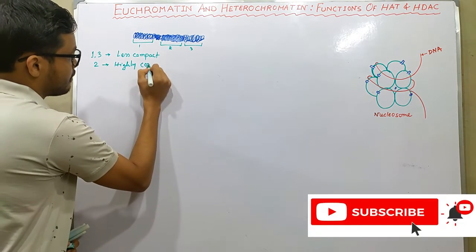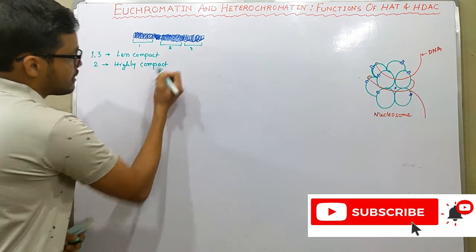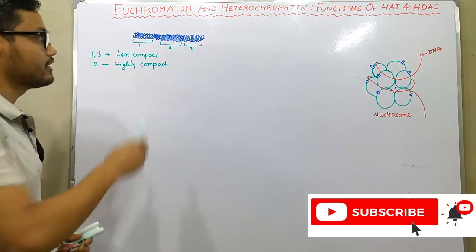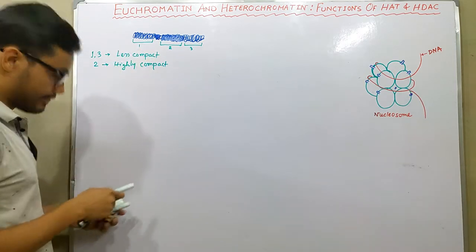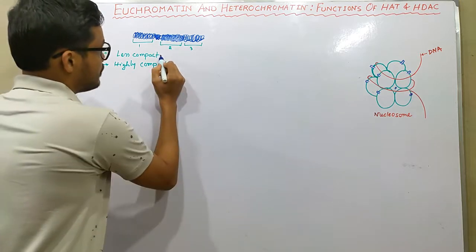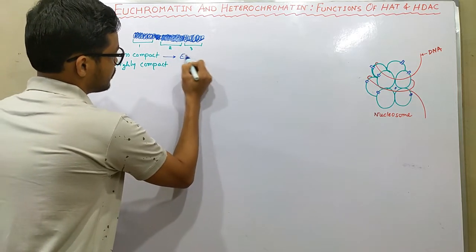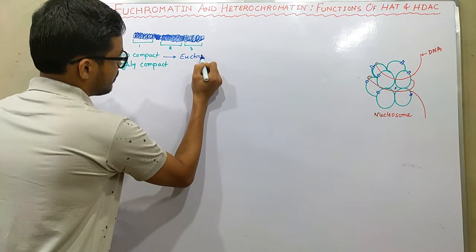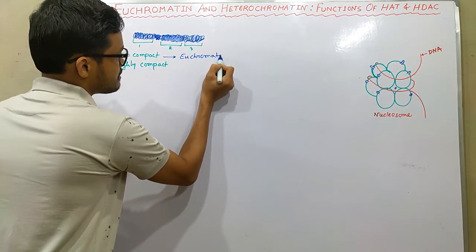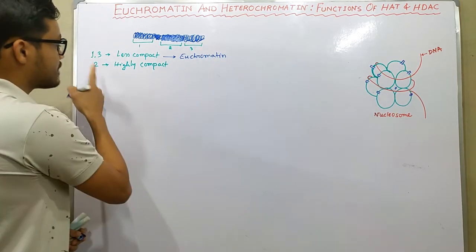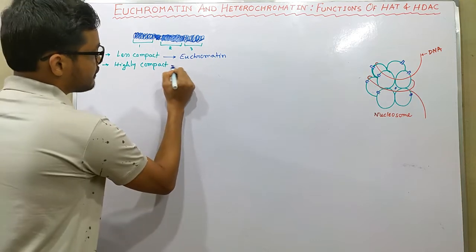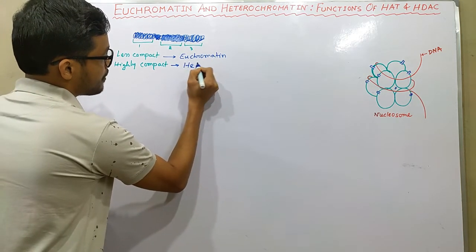In this case, the first and third structures are less compact and they are known as euchromatin. The second structure, which is highly compact, is known as heterochromatin.